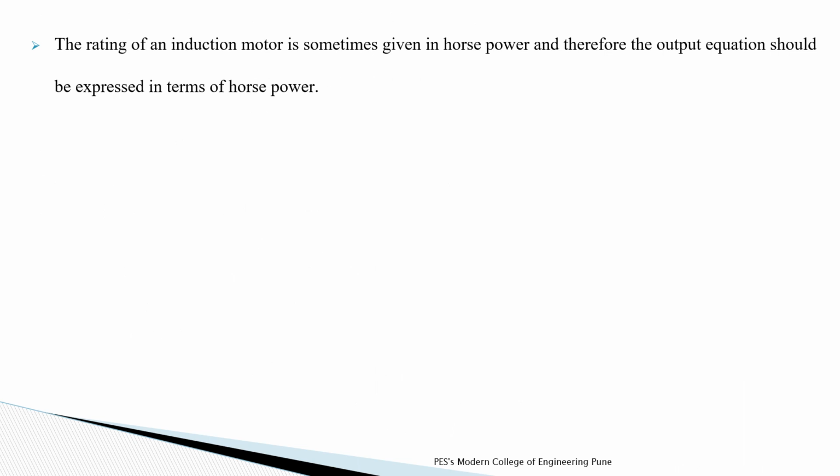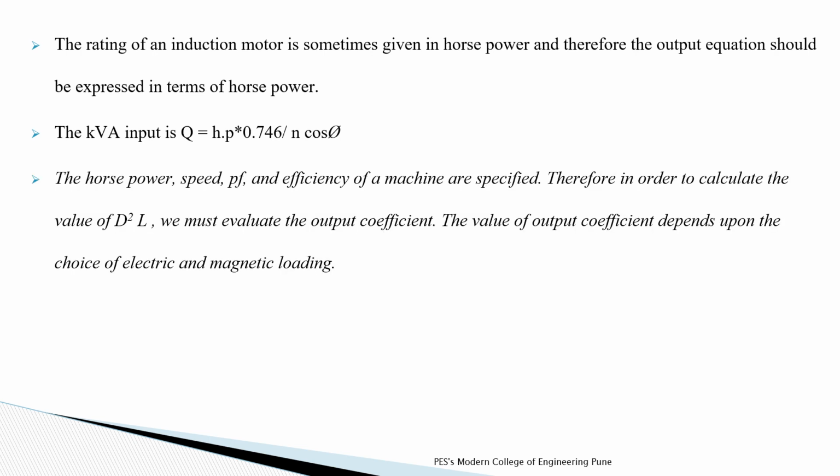The rating of an induction motor is sometimes given in horsepower also. So we can convert that horsepower into kW as per our requirement, and the output equation should be expressed in terms of horsepower. The kVA input Q can be converted using HP into 0.746 divided by eta into cos phi, where eta is the efficiency and cos phi is the power factor.